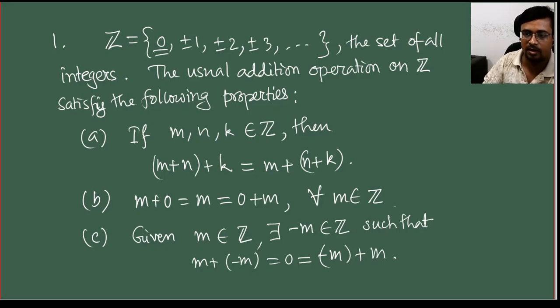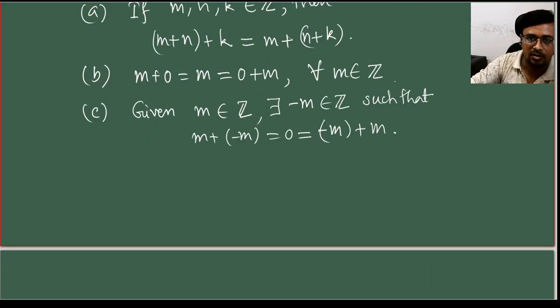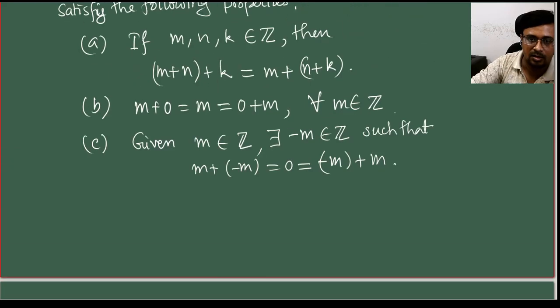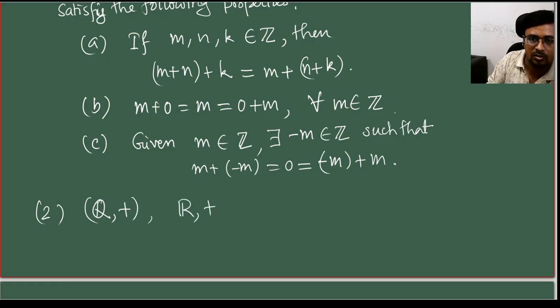Okay. So now look at another example. You look at the set of all rational numbers with respect to addition, the set of all real numbers with respect to addition, the set of all complex numbers with respect to addition.